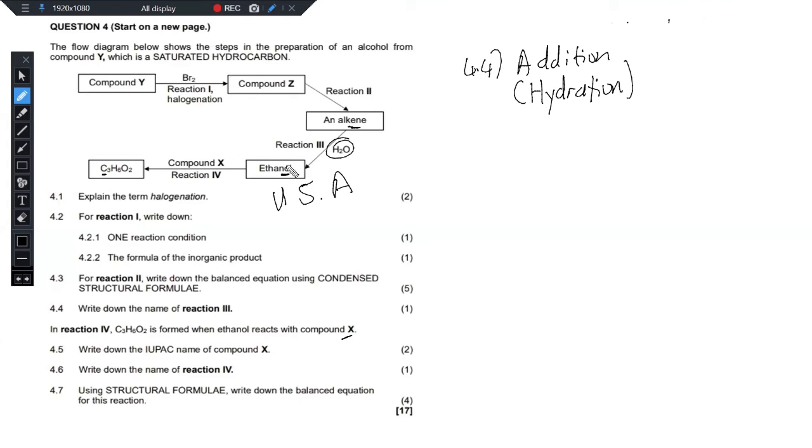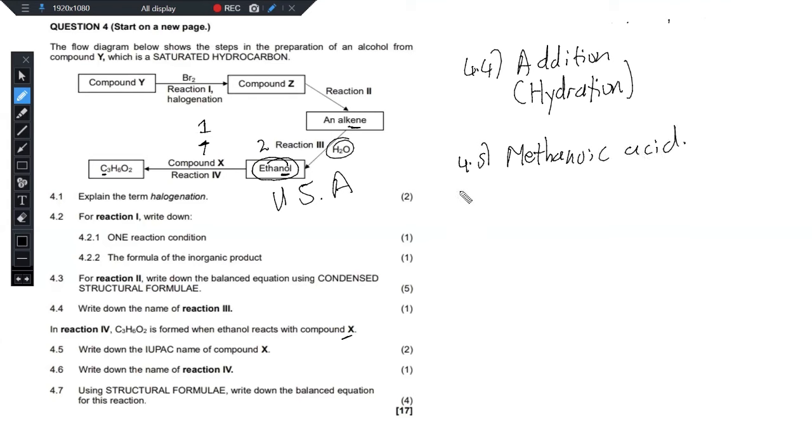What is compound X? If this is already ethanol, then the compound X that will give us a total of 3 here, it has to be what? Obviously, so eth is 2, then we have to react it with compound X that has only 1 carbon atom. So which makes it what? Methanoic acid. Right.